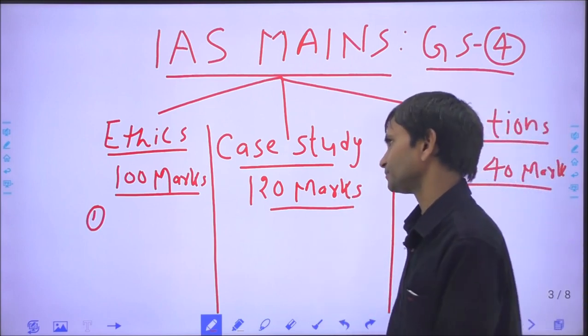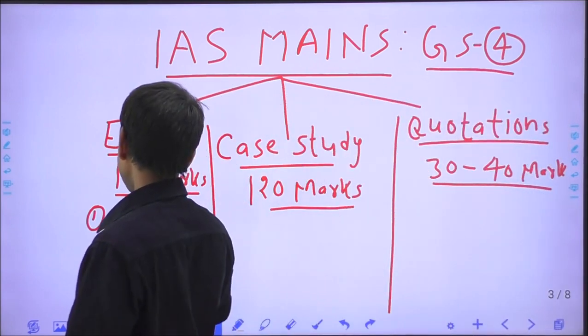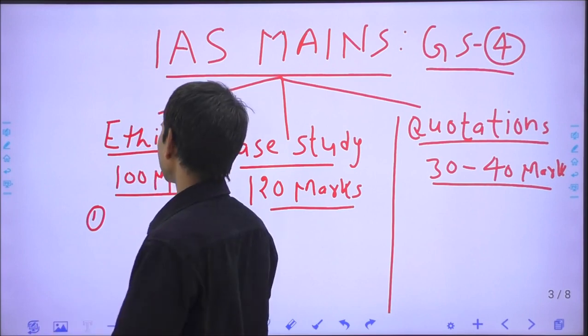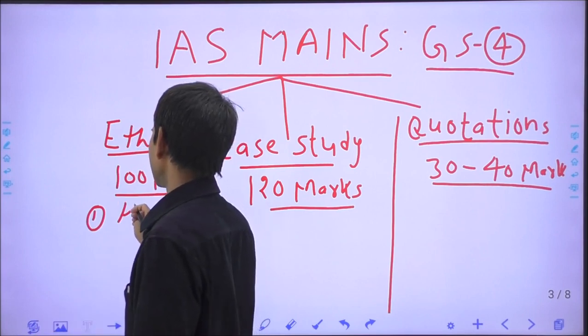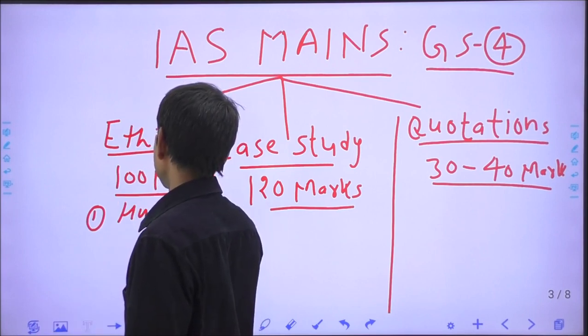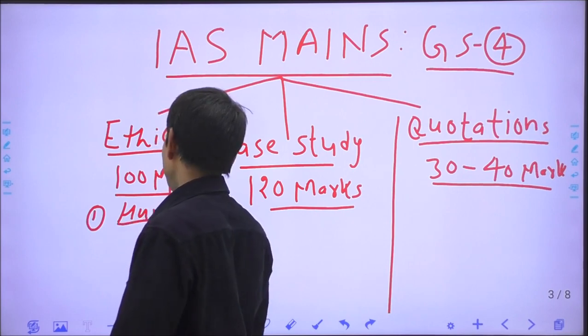So ethics provides many topics, and all these topics are covered in the arena of right and wrong in human behavior. There are many dimensions of human interface, so you have to understand what human interface is.